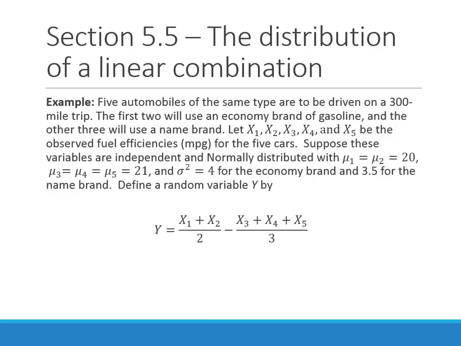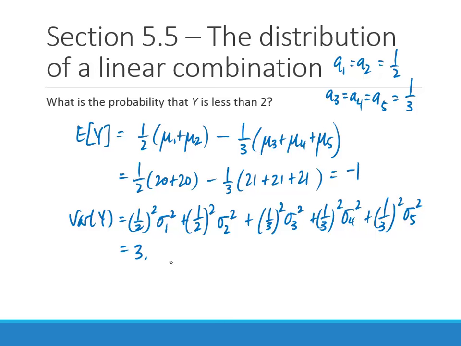Sigma squared 1 and 2 are 4. Sigma squared 3, 4, and 5 are all 3.5. If you calculate that out, that will give you 3.167. So y has a normal distribution with mean -1 and variance 3.167.